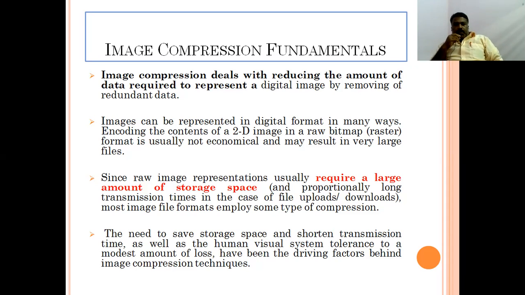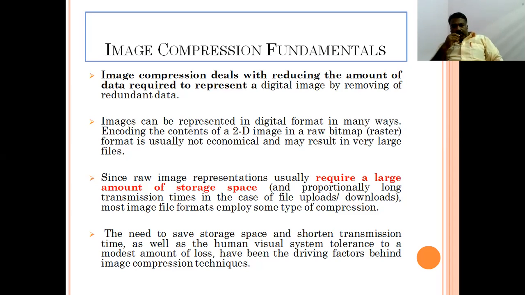So the image can be represented in a digital format in different ways. The ultimate objective is that the digital image should be represented in a data format, the binary format. It may be decimal or hexadecimal, whatever it may be, we convert it into the binary format for our compression process.